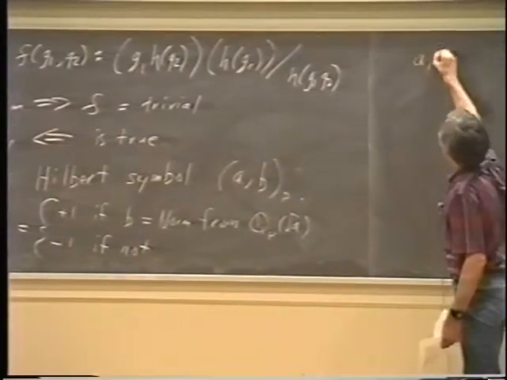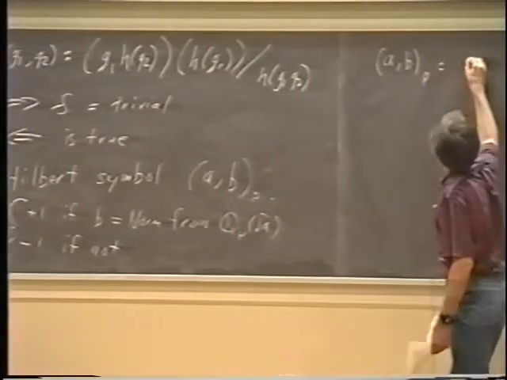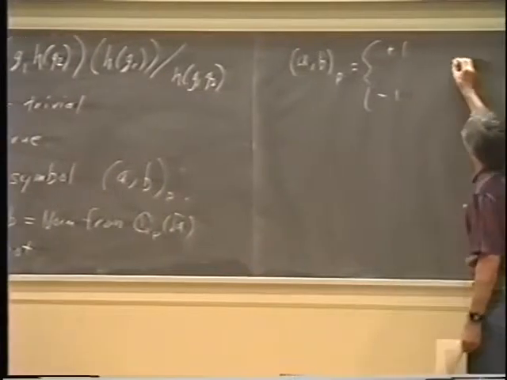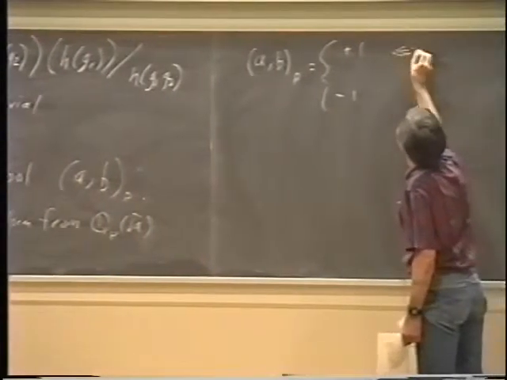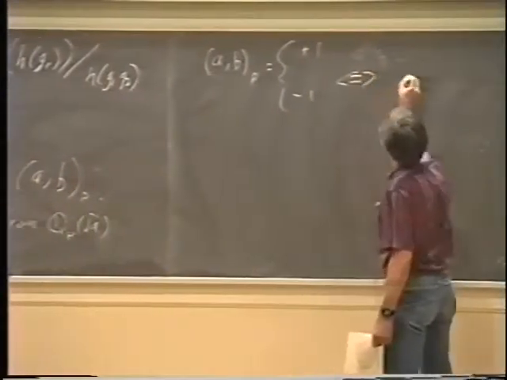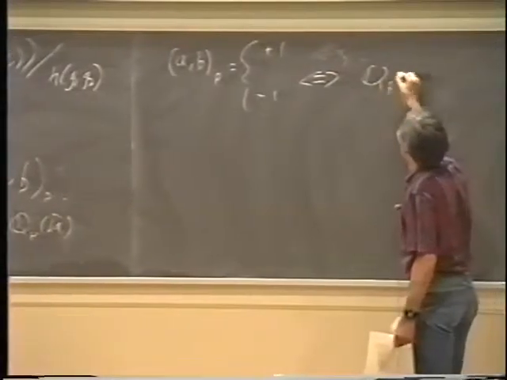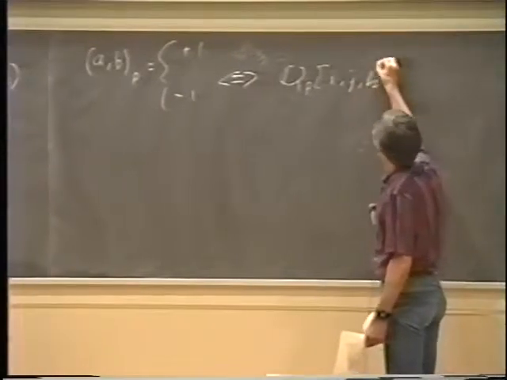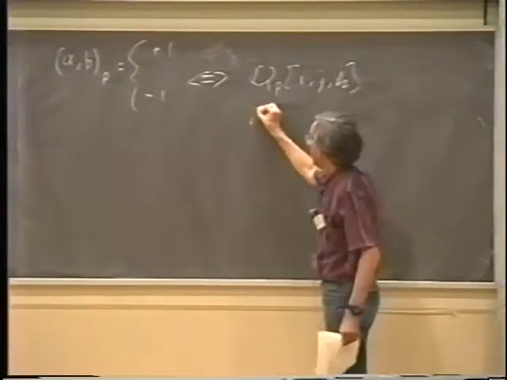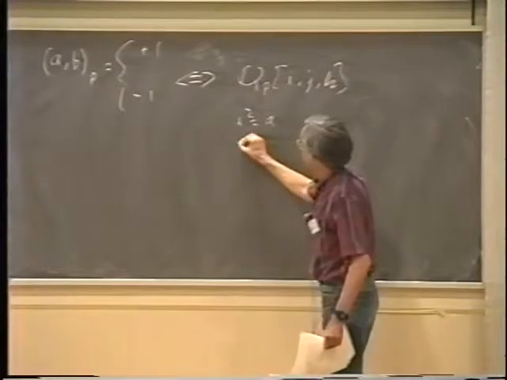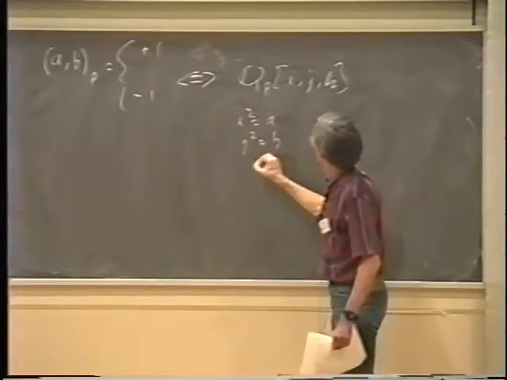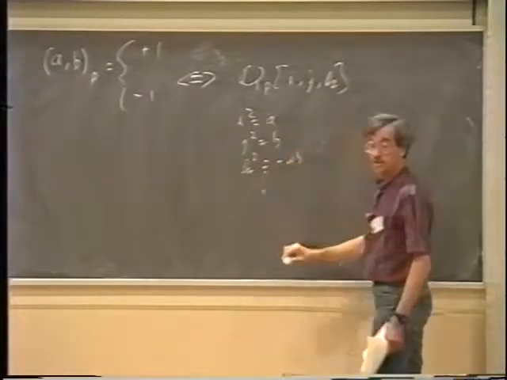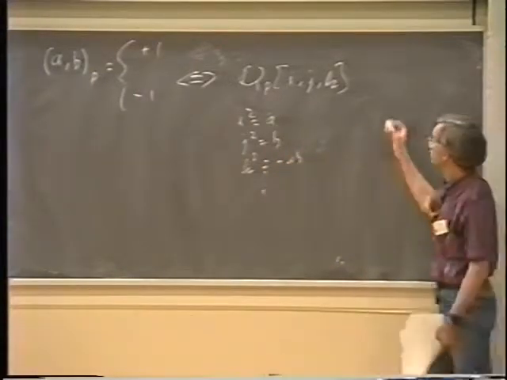We can also write (A,B) sub p equals plus 1 or minus 1, and this is if and only if, if we look at a generalized quaternion algebra, where you take Q_p and add on symbols i, j, and k, where you have i squared equals A, j squared equals B, and k squared equals minus AB, and the usual other stuff, just like the usual quaternions.